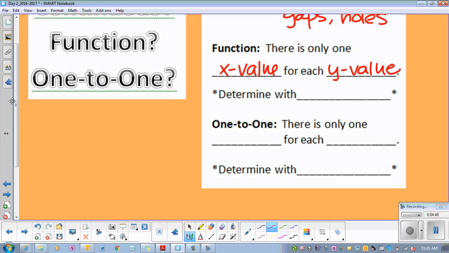All right? And that always confuses me. I always have to think about it. But what we really want you to remember about knowing whether a graph is a function is you need to use the vertical line test. Do you remember that? Good. From Algebra 1, right?